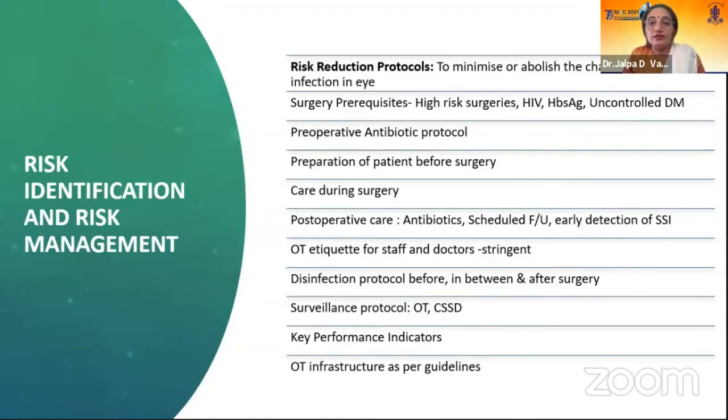Risk identification and risk management. We have to prepare a risk reduction protocol. So what is that? That is to minimize the chances of risk of infection. So what all things are included in this protocol?